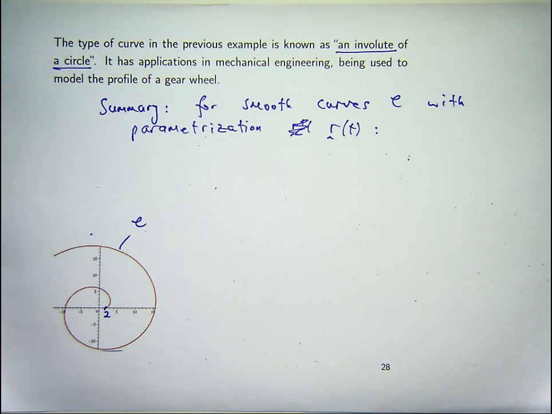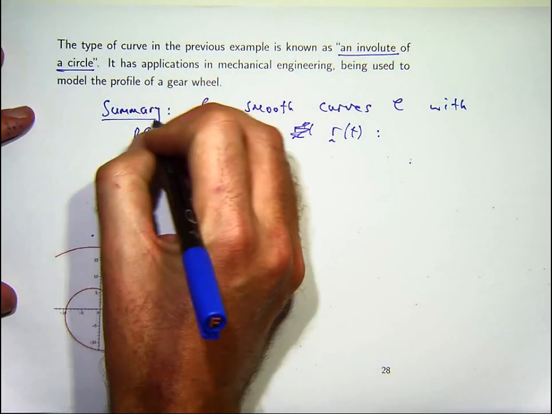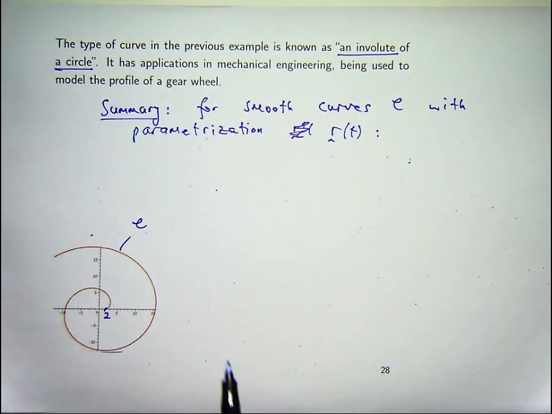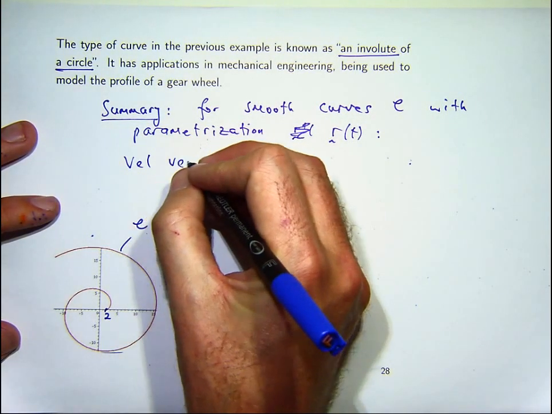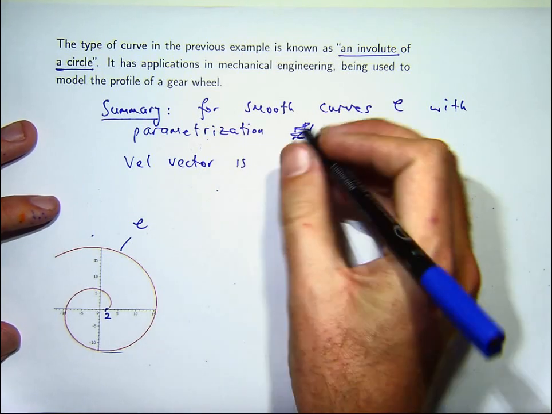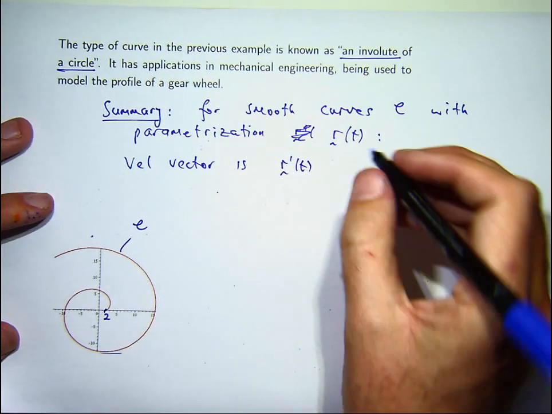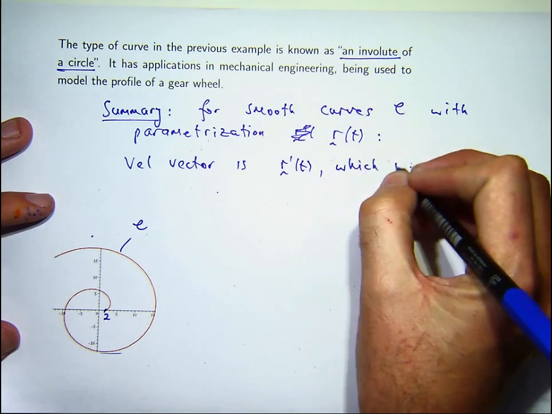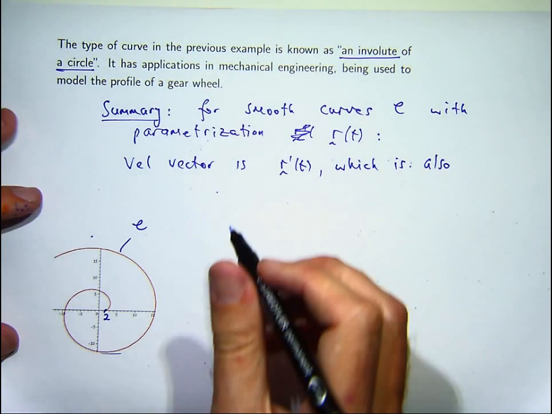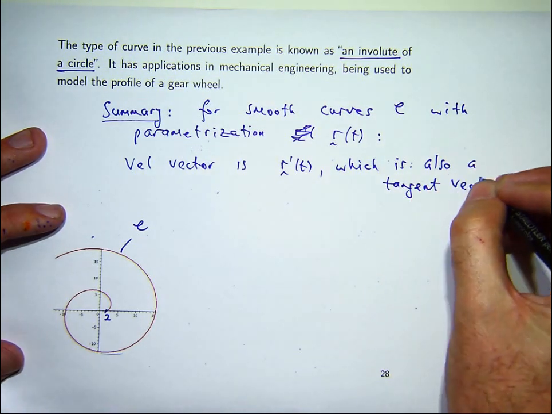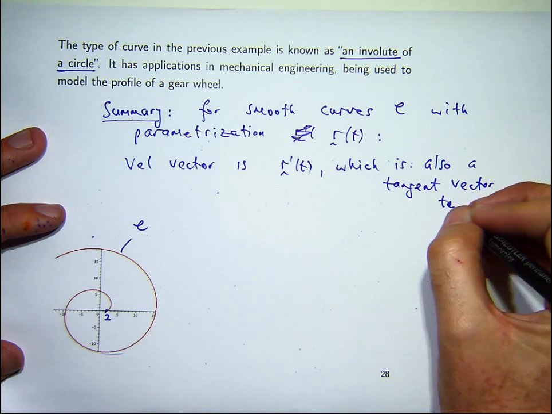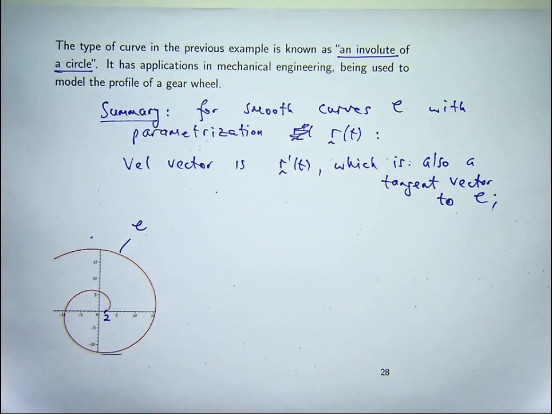Geometrically, we mean the curve has no spikes or cusps. Right, so just to summarise, the velocity vector is the derivative. And that derivative vector is also a tangent vector to the curve. And it points in the direction of motion.